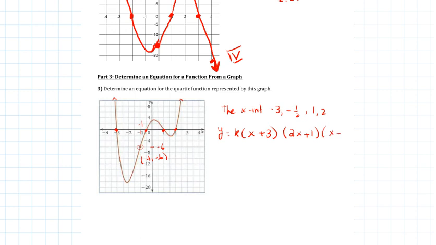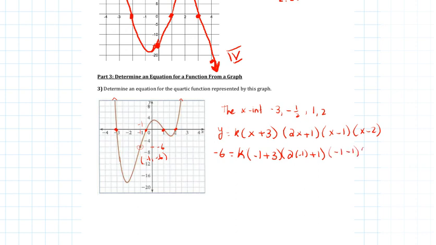I'm looking for k, knowing that x is negative 1 and y is negative 6. So that's going to be negative 6 equals k times (negative 1 plus 3), (2 times negative 1 plus 1), and then (negative 1 minus 1), (negative 1 minus 2).